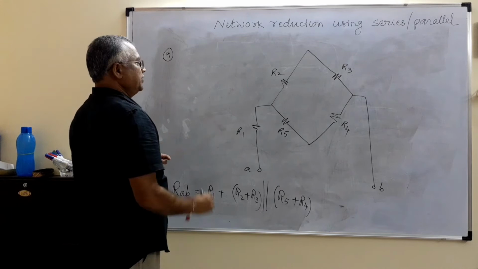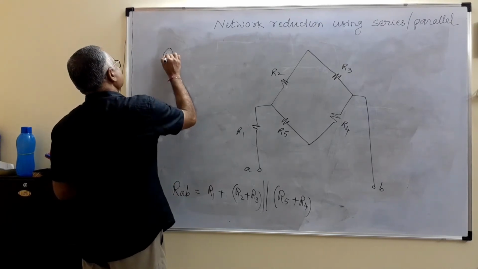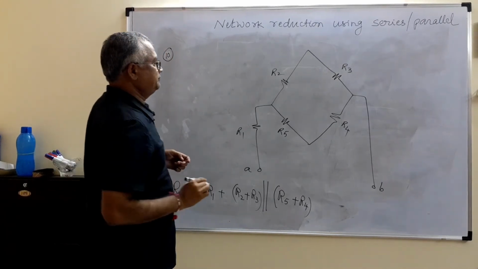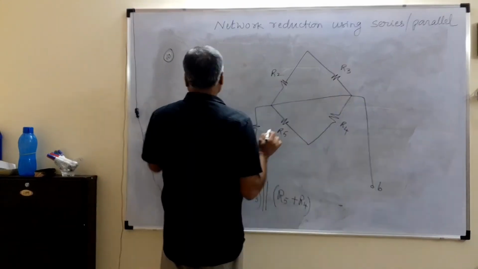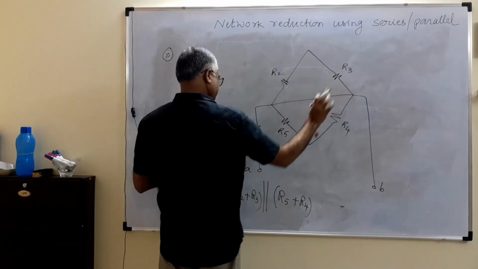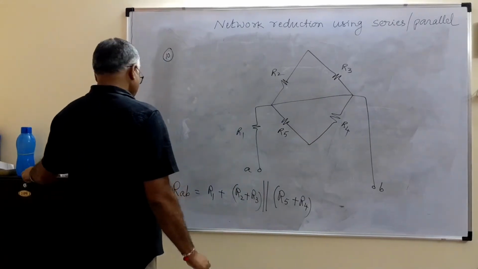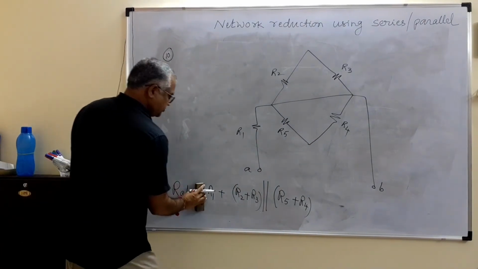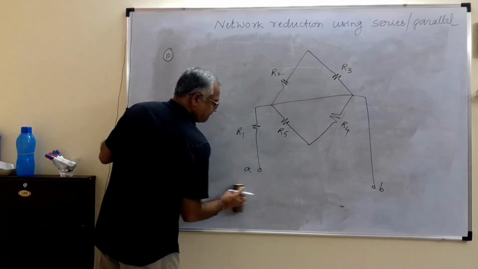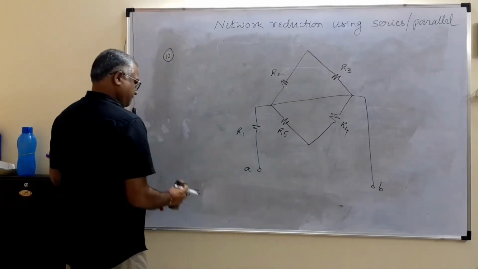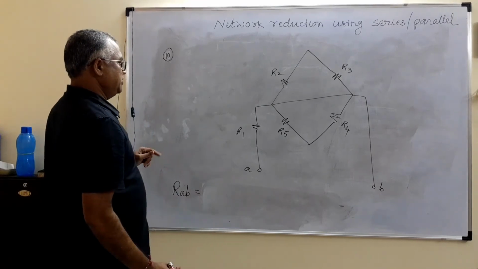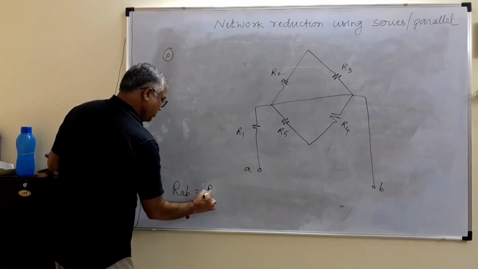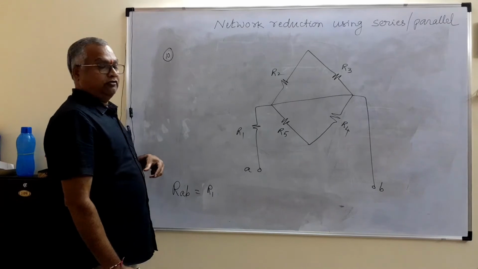Now let us see different combinations. 10th one. If it is connected like this, the 10th problem is this connection. So what is the answer now? Problem changed. Now RAB is simply R1 only. Why only R1?